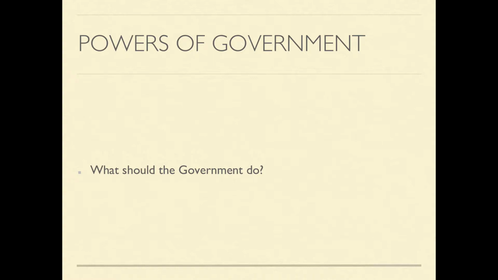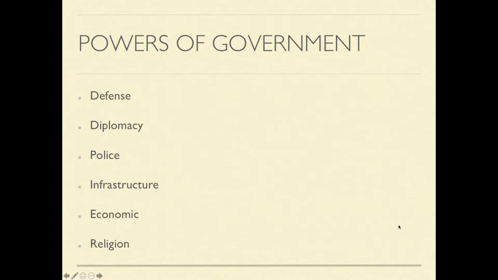Now, the first thing we're going to talk about is a general question of what should the government do? Now, I put down a couple of answers here, but really one of the best answers to that question comes from the U.S. Constitution, the preamble, the first little part. You might have memorized it in high school, but I'll just read it to you real fast.